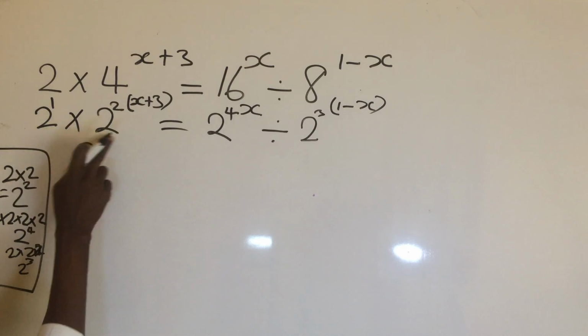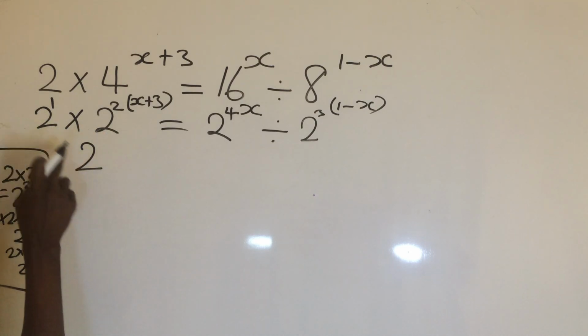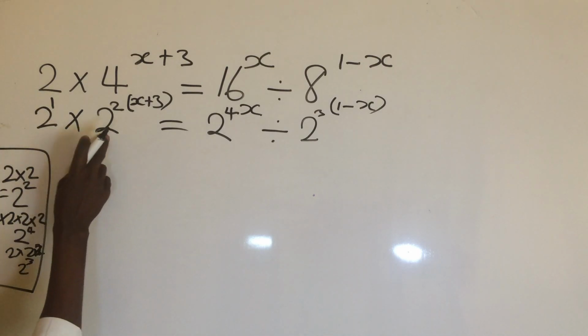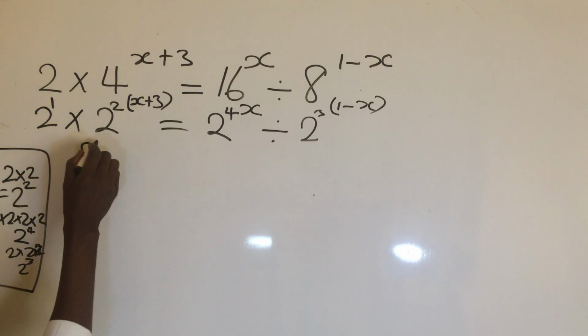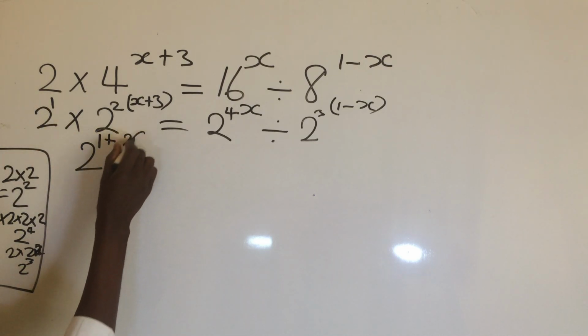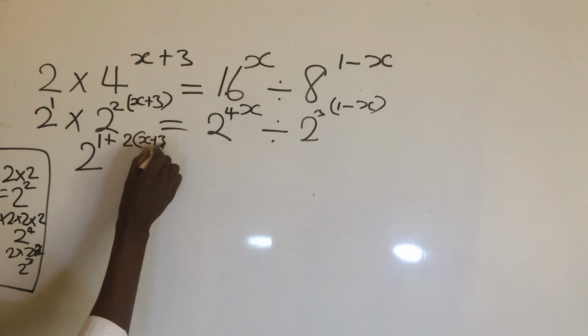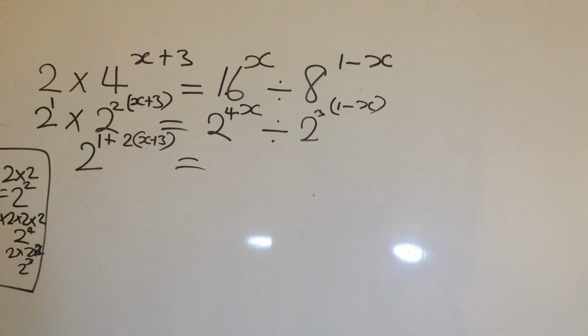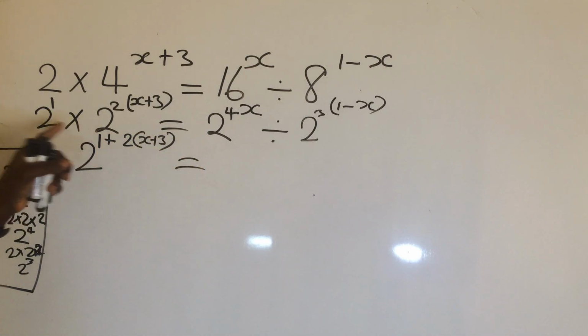We take one of the base, which is 2, and add the powers, that is 1 plus 2 in bracket x plus 3. We do this when it is multiplication.